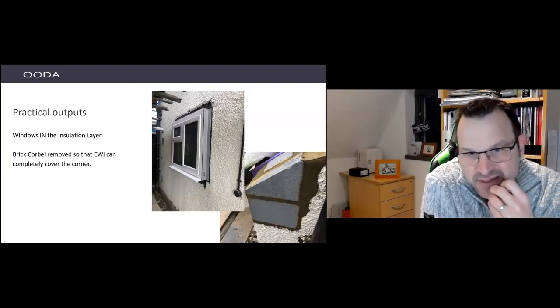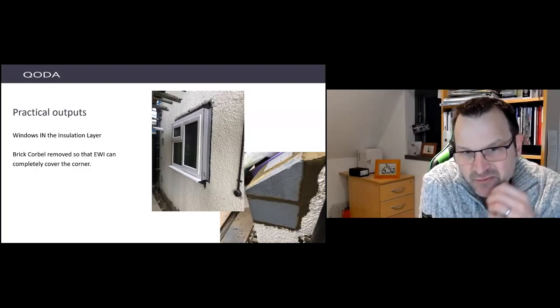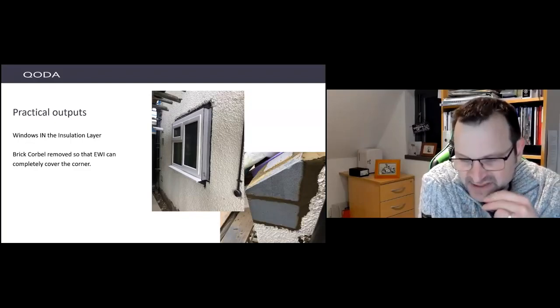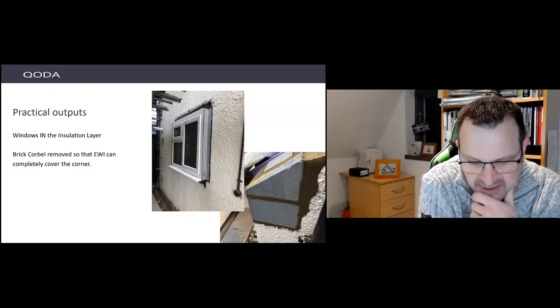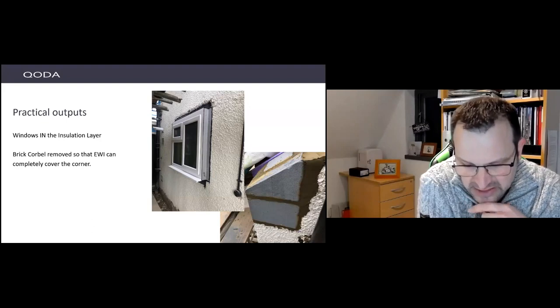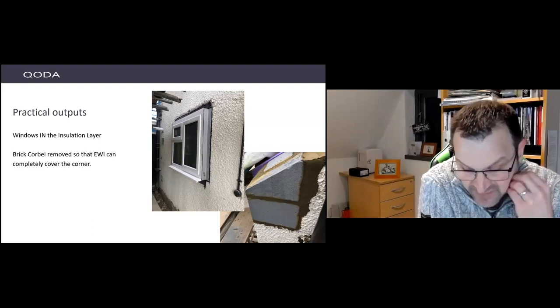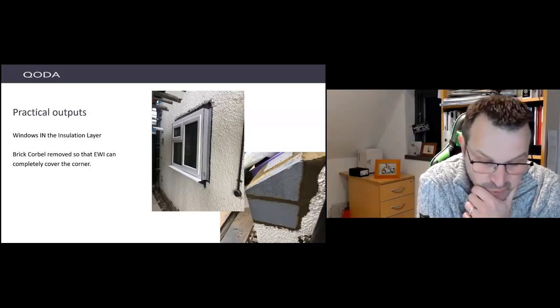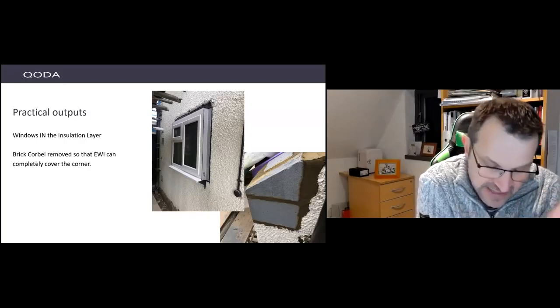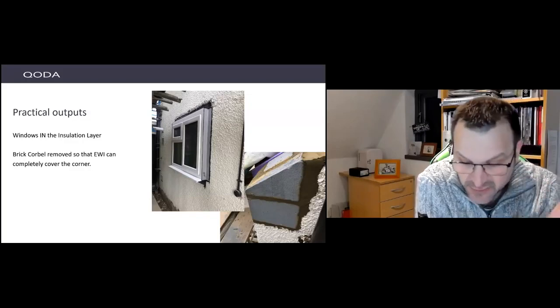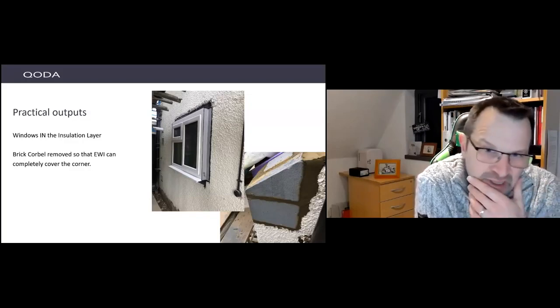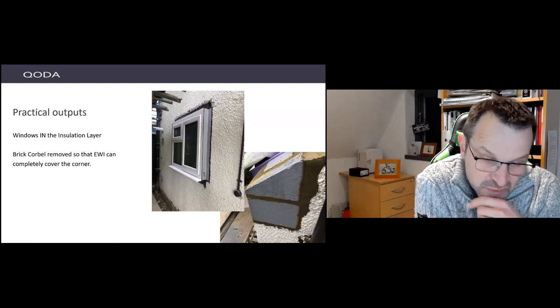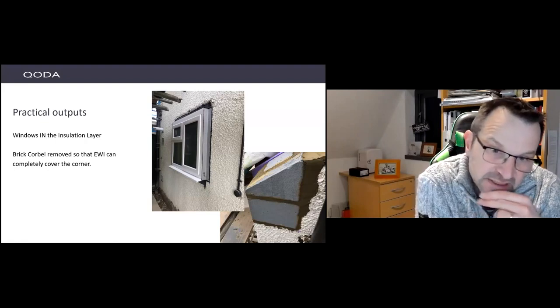And then the bottom right is the photograph of the corbels, and they were quite a nice brick corbel detail. Most of the EWI on this particular estate, so external wall insulation, had previously been installed such that it stopped, and so the brick corbel on the eaves or the gable end of the building stuck through the insulation layer, and they were getting large problems with mold in the corners of the bedrooms on the other side of this.